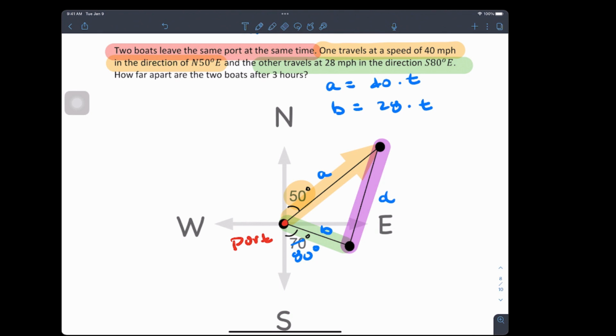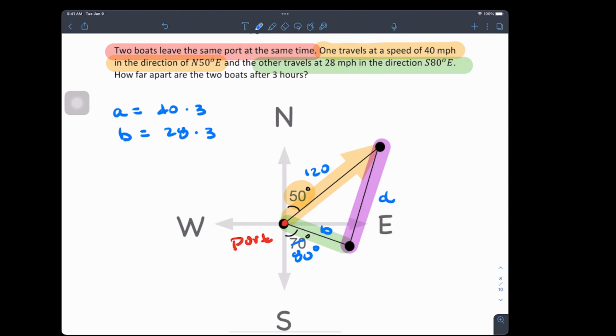But we know what time is now. What's our time? Is our time 3 hours? So this will be times 3, and this will be times 3. So A here, if we just move this, what's our A value? 120, is that right? I don't need my calculator for that. So that's 120 miles.